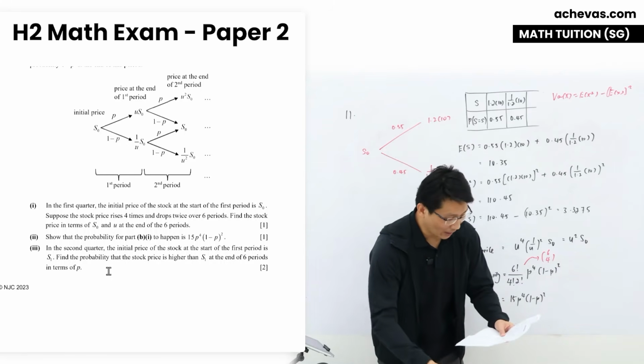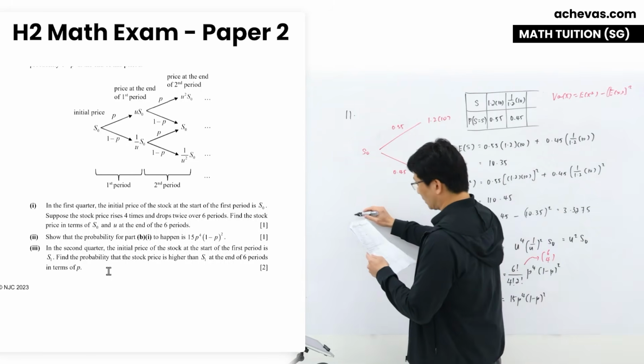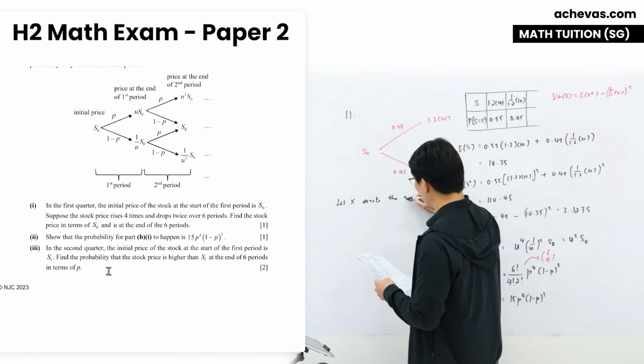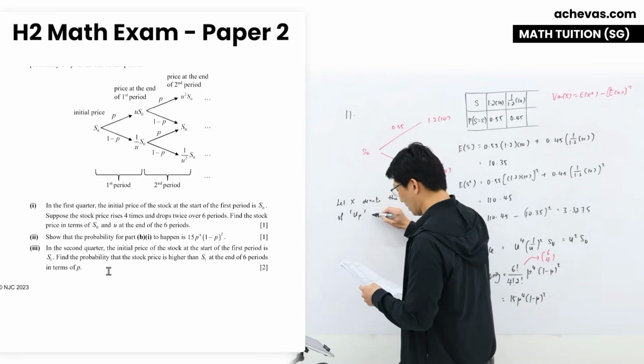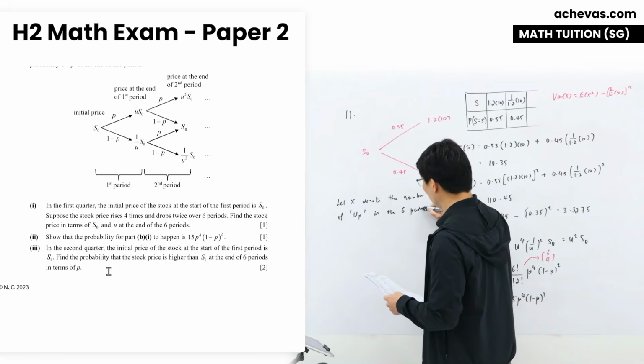All right, so I can do a bit of definition first. I will just write it here. I will let X denote the number of ups in the 6 periods.